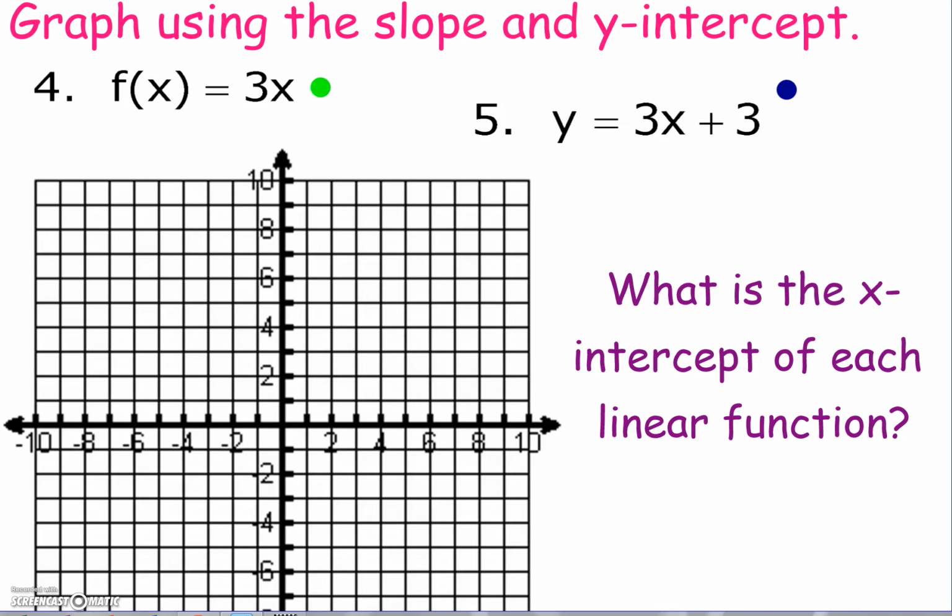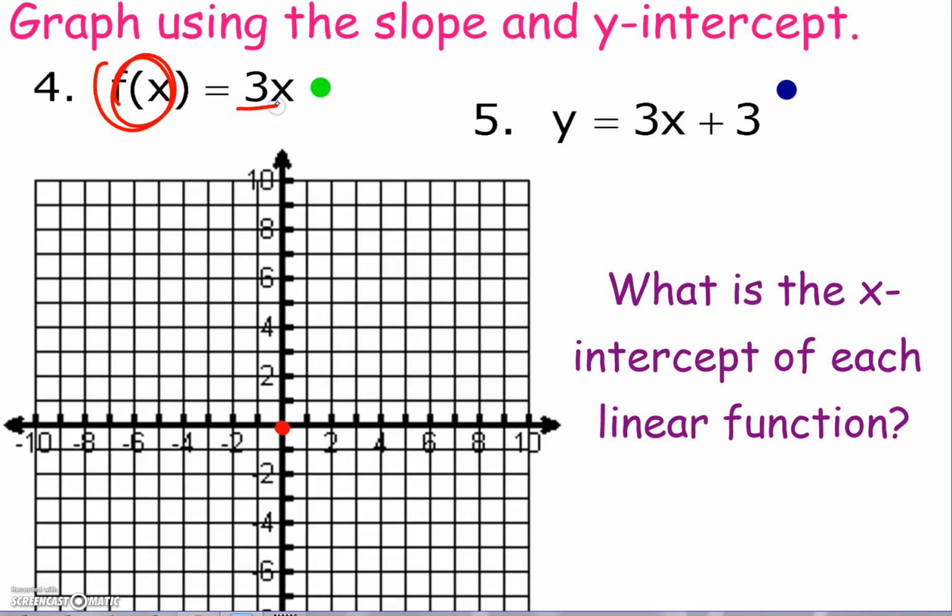It says graph this using the slope and the y-intercept. And then what is the x-intercept of each linear function? If you have different colors, you can use different colors. I'm going to use different colors, so this one is going to be red. All right, I don't have a y-intercept, so obviously it starts at 0, so I'm going to put my starting point at 0.